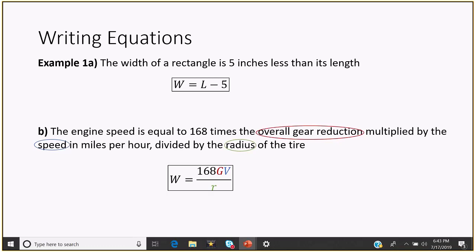I knew that what I circled in red was going to be my G, what I circled in blue is going to be my V, and what I'm going to circle in green is my R. But if you don't have colored pencils, which most people don't, then you can just write off to the side, okay, this is what G is equal to, or this is what V means, or this is what R means.